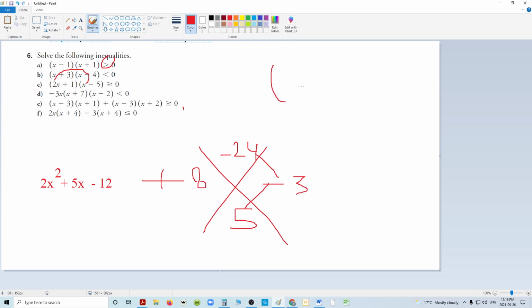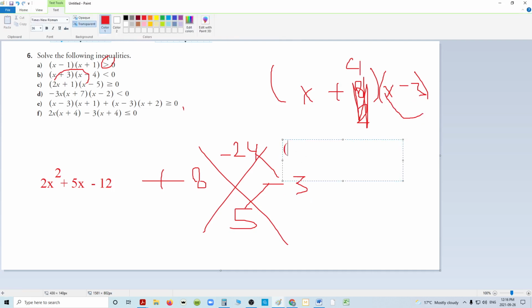I'm going to use the slip and slide method, which is just put the factors in, but then take the leading number here and divide each number. 8 divided by 2 is 4. 3 can't be divided by 2, so I slip it in front of the x. So I'm left with x plus 4 and 2x minus 3.